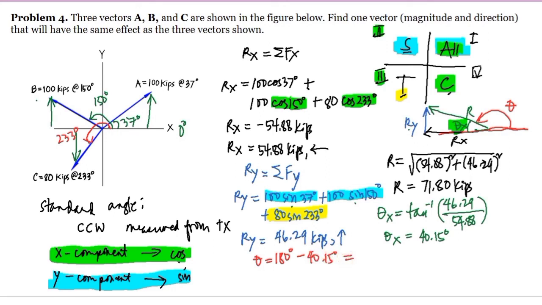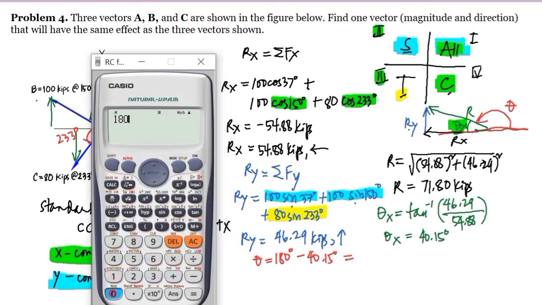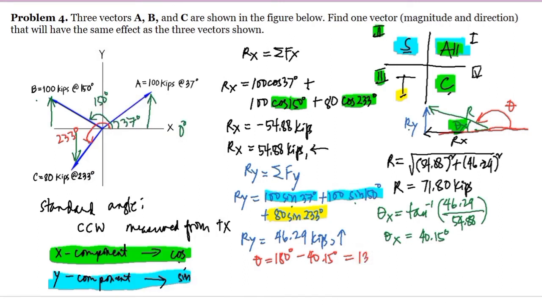Solving for theta, we have here 180 minus 40.15, and we have 139.85 degrees. So for our final answer, the resultant is equal to 71.8 kips at 139.85 degrees. And this is our answer.